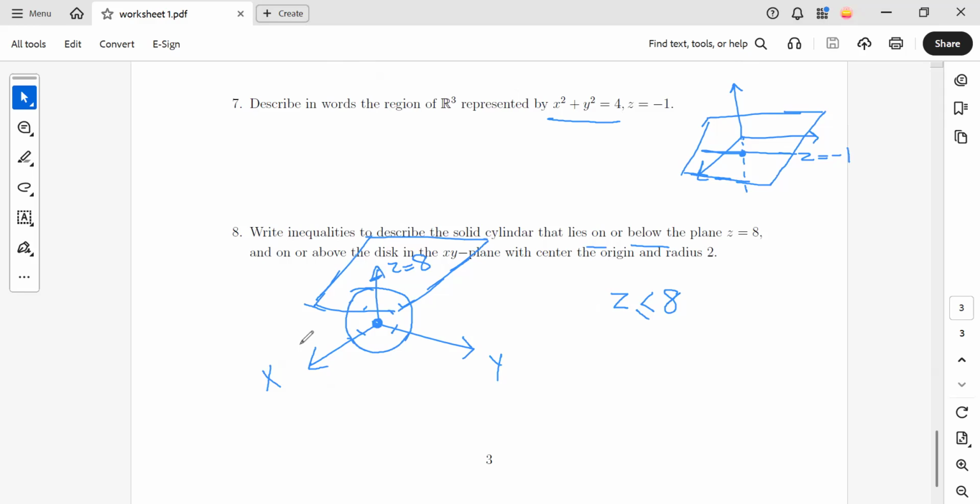And the other part is on or above that circle. What is that circle? When it says origin and radius 2, it means x squared plus y squared is less than or equal to 4. Of course, these are at least 0, so they are positive. And since the cylinder that we are talking about is between these two, z should be between 0 and 8.